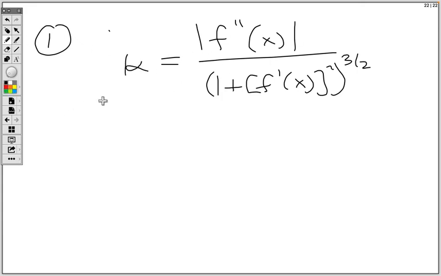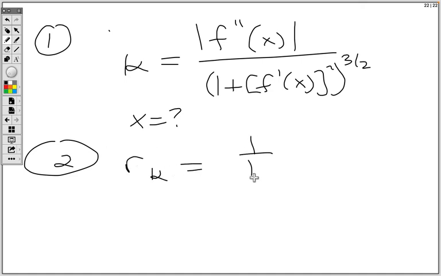You get it there, and you plug in whatever x value you're at, or whatever y value you're at. You plug that in. Then you get your radius of curvature. And then you would get your t hat, which would give you your n hat.